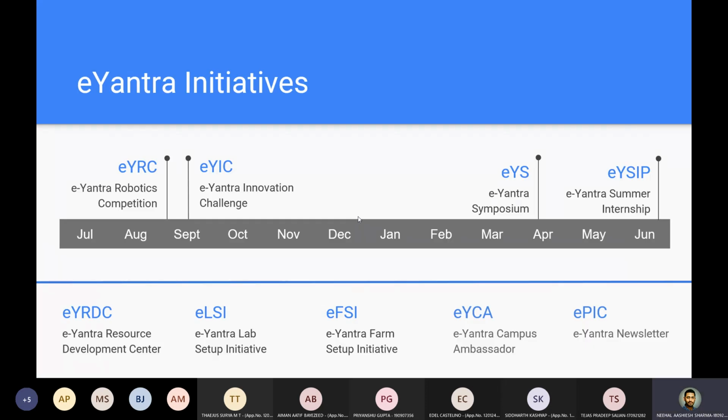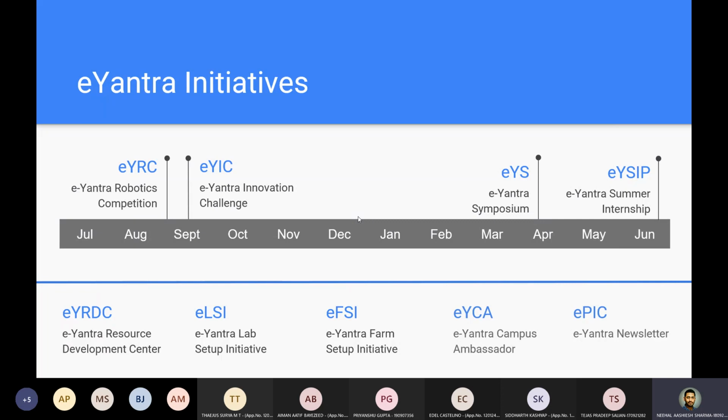Coming to the base programs, e-Yantra has three main programs, so to speak. The most prominent is the e-Yantra Robotics Competition, which we'll be covering in this orientation; the e-Yantra Ideas Challenge, which is a faculty plus student challenge; and the e-Yantra Symposium.